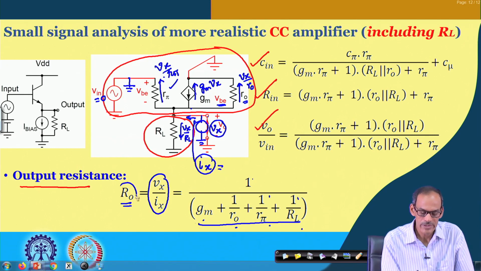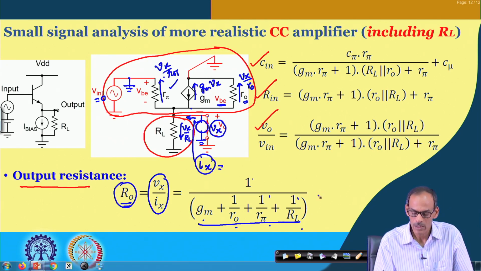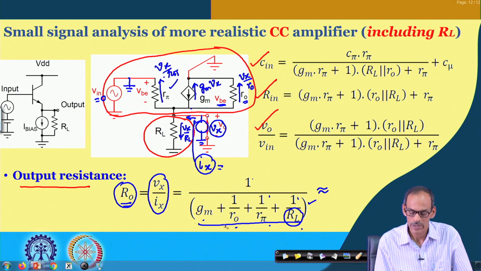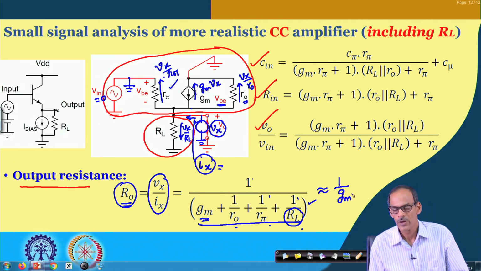So, the total resistance, again its expression is given here, but for all practical purposes, even if I consider a practical value of RL, this Gm dominates over the rest of the things. So, you may approximate this as equal to 1 by Gm.